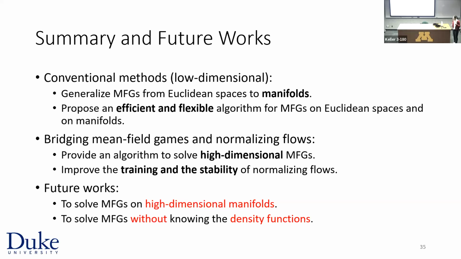For example, you need to pick a very special form of the initial density to learn the data density. And what if we don't have the density function? What if we only have the data distribution? Can we still try to solve the mean-field game based on these things?